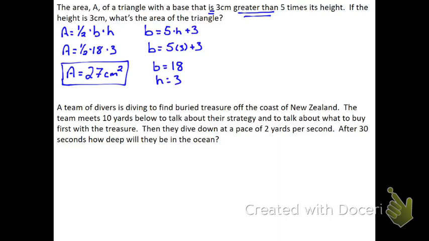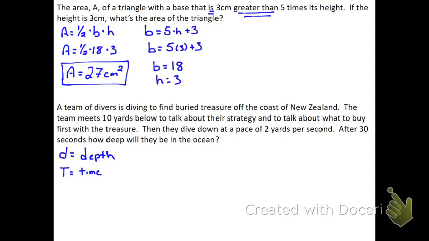So the two variables that we're going to go with on this one is D, and that's going to stand for our depth. How far down are they? And T is going to stand for time. Depth is our output, time is our input.